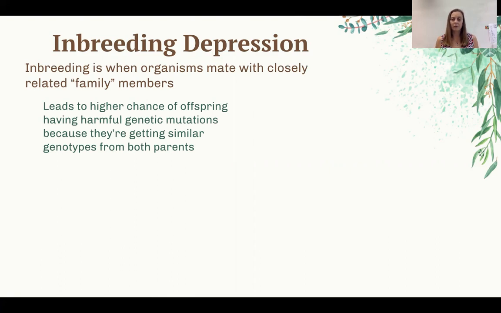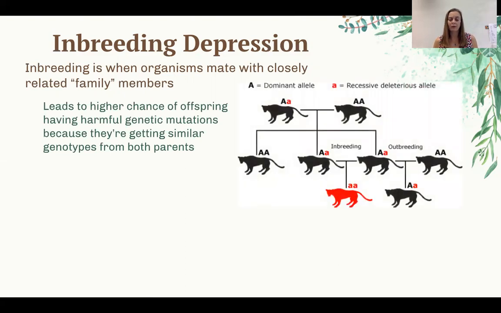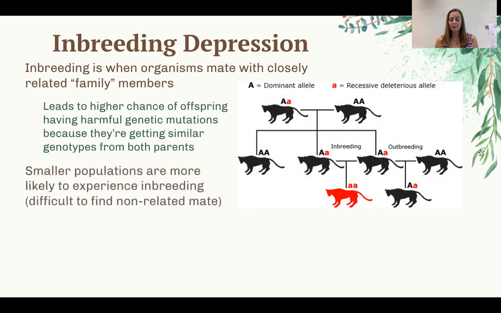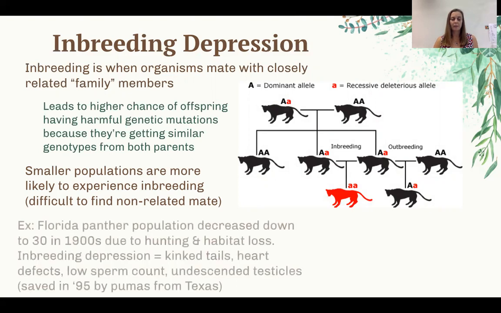But when you have closely related organisms mating, they're more likely to both be carrying a recessive gene. They get that similar genotype from both parents, and we wind up with an expression of a recessive gene that isn't normally seen. Smaller populations, because there are fewer organisms to breed, are more likely to experience inbreeding. It's more difficult to find a non-related mate.